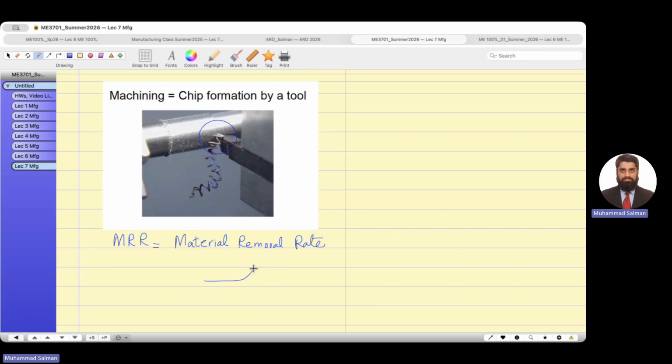And you see, I have to redraw the sketch. In the bottom, it's like a cutting tool.